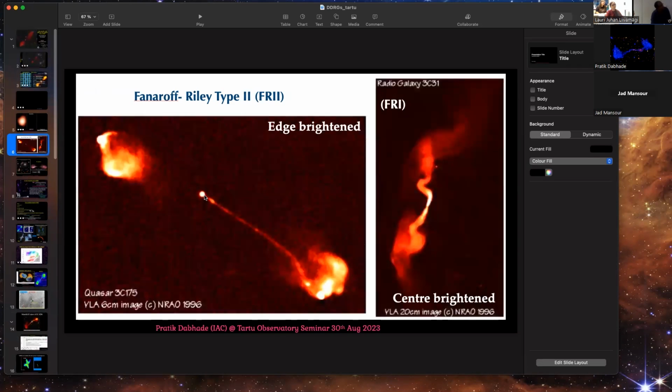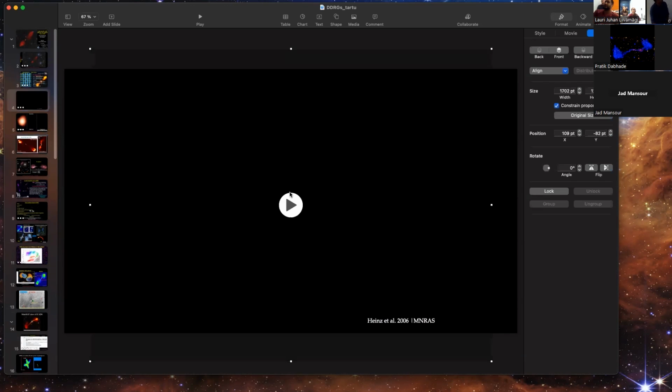So you see this is the core. The jet is going all the way, creating the hotspot, and then there is a backflow. So this stream is old.